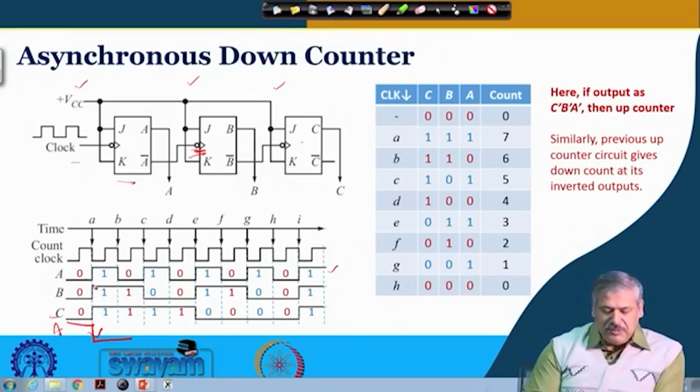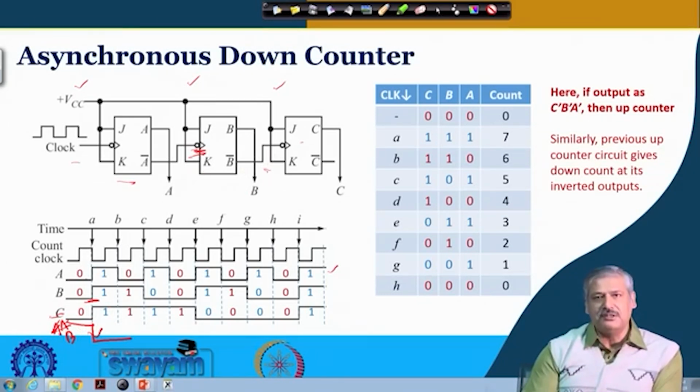Now when B goes from 0 to 1, what happens to B bar? B bar will go from high to low, 1 to 0, as A bar did before. That will also trigger C. So C will go from 0 to 1. Is it clear?